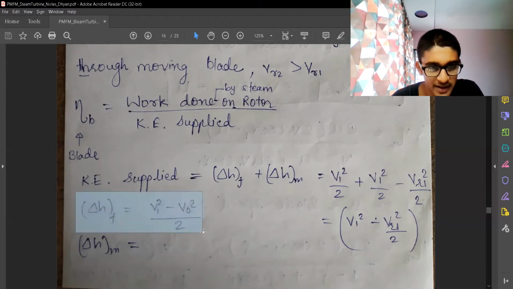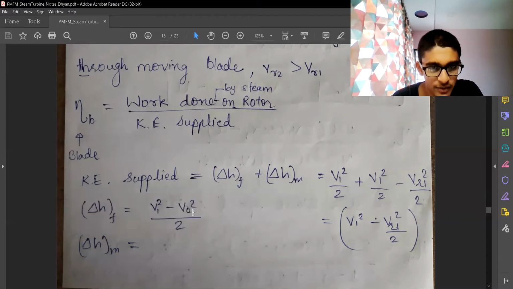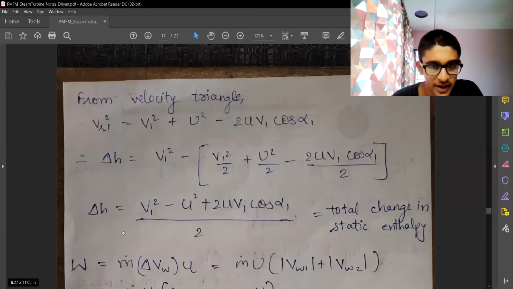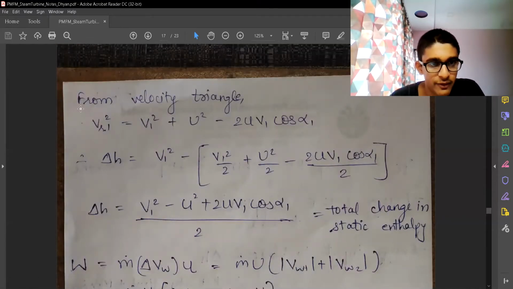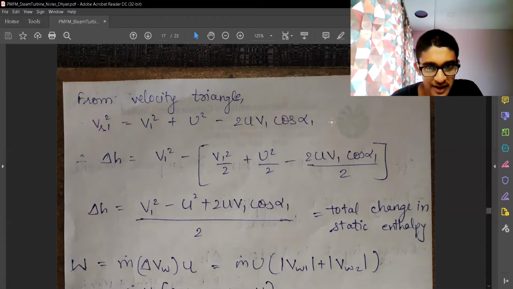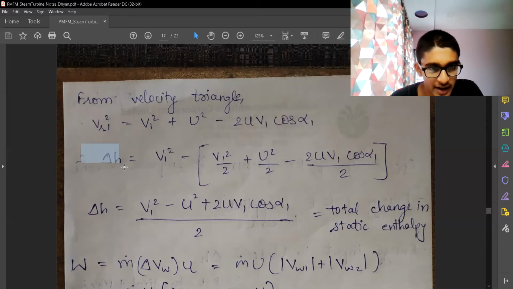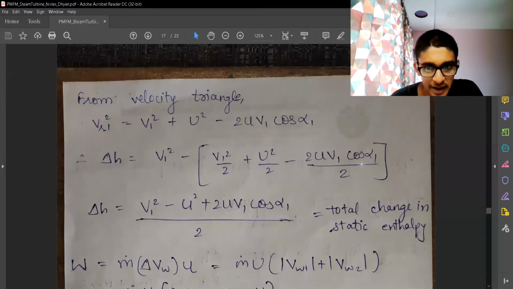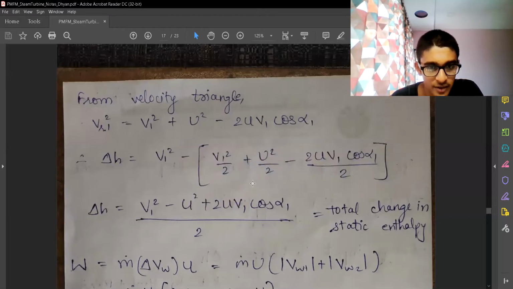So delta H in the fixed blade is V1 square by 2 minus V0 square by 2. And for the moving blade also we can write similarly. And from velocity triangle, we have already known VR1 square in terms of cos alpha 1. So that is the cosine rule. So delta H total will be V1 square minus the enthalpy change in the rotor.